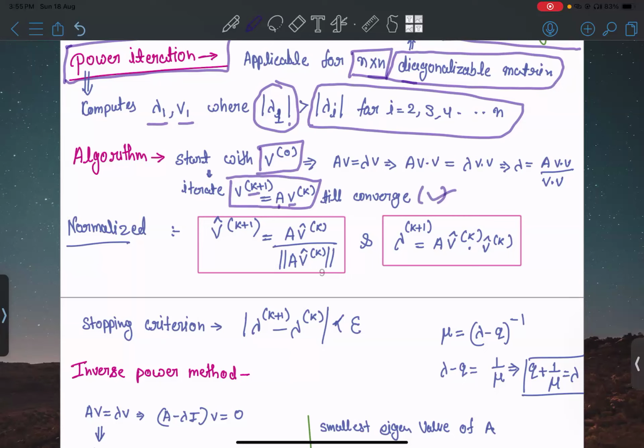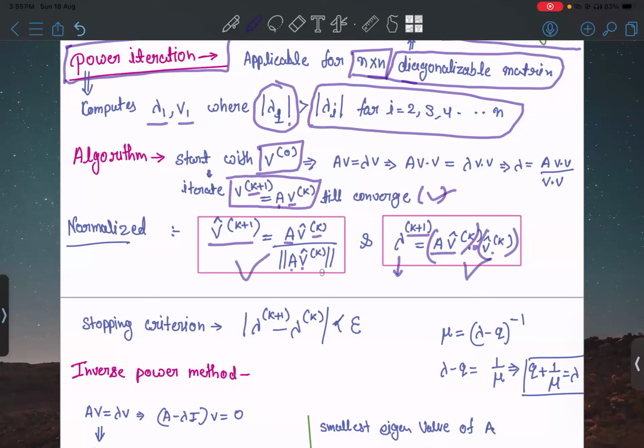If I normalize it, I get v hat at k plus 1 equals A v hat at k divided by the norm of A multiplied by v hat. This leads to my eigenvalue at the k plus 1th iteration, which equals A v hat inner product, the dot product, with v hat at the kth iteration. So these two equations are the important equations for power iteration.